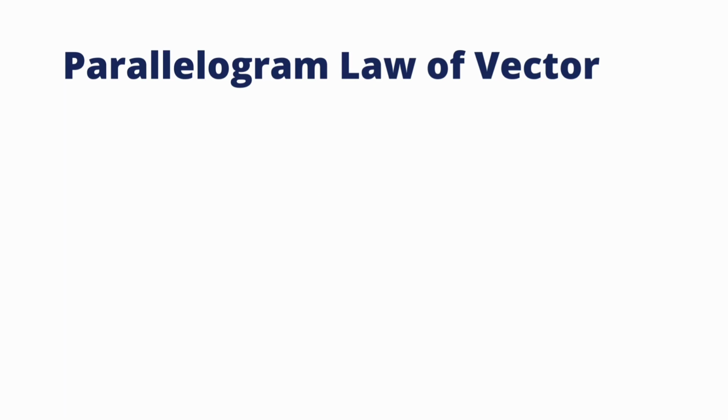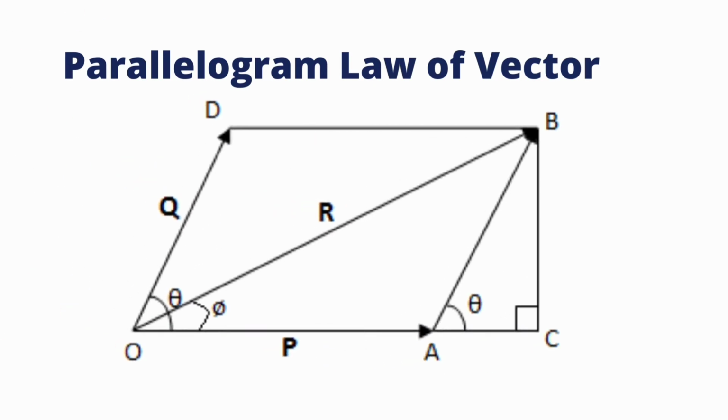Now, the third side is R. So, the known angle is angle OAB, that is angle A to be specific. Alright, if two sides and an angle are given, using cosine rule, we can therefore calculate the resultant.